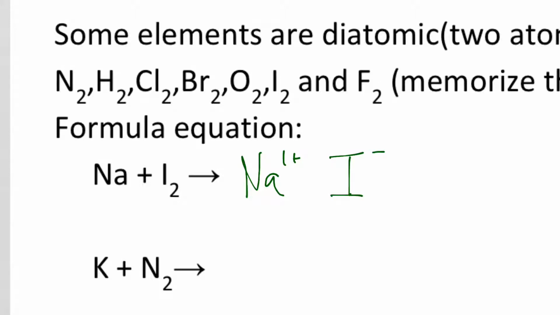So in order to get our correct product, we're going to cross the charges, which you see 1 and 1. So we have NaI. So we have Na plus I2 equals NaI. These are not balanced. We'll do that next.